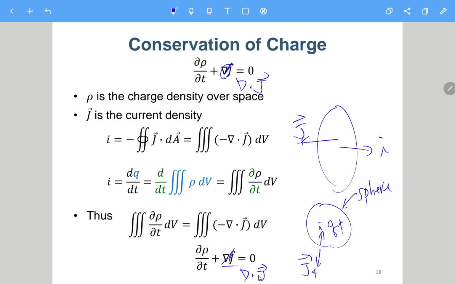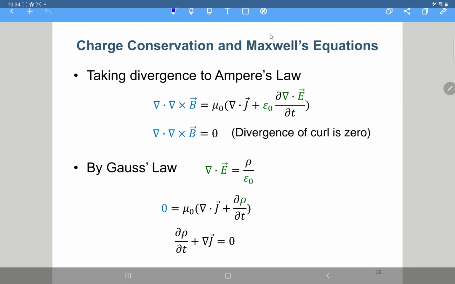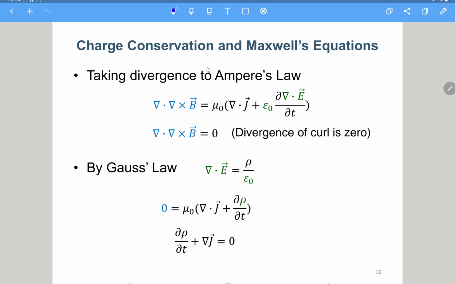So how is it related to the Maxwell equations? The point here is that we can also take the divergence of the curl. There is a theorem that says the divergence of the curl of a vector field will always be zero. If you don't believe it, you can try to derive it a bit.